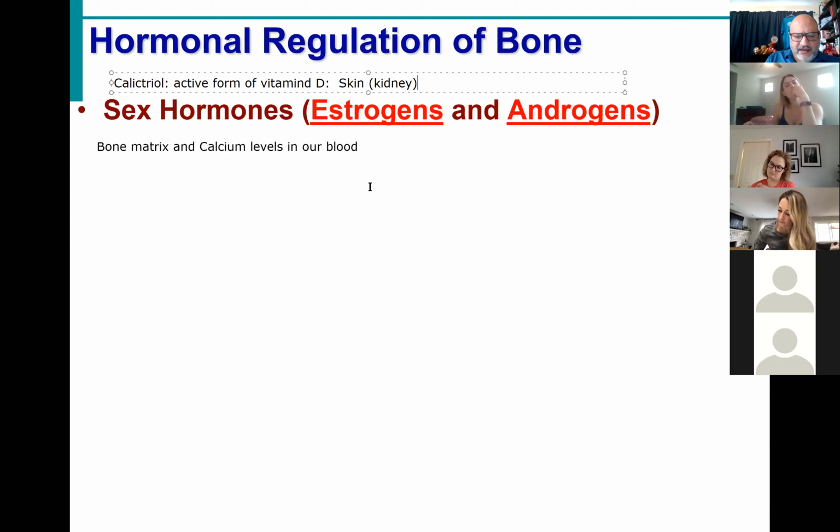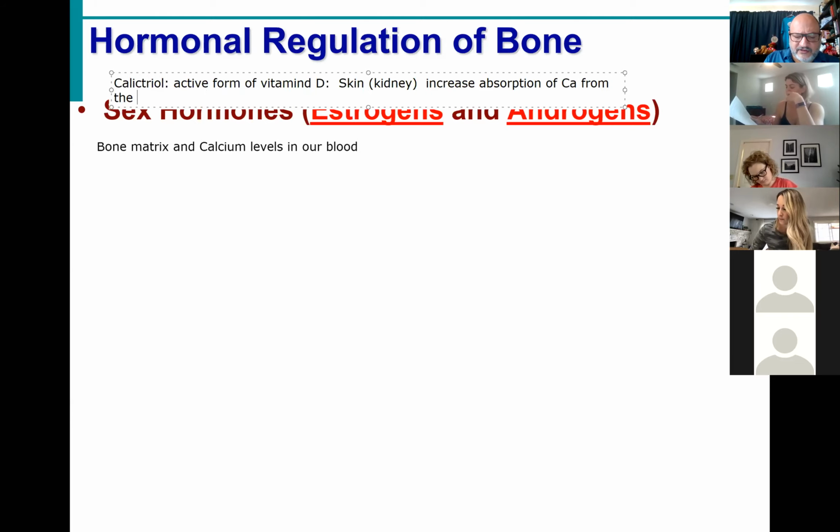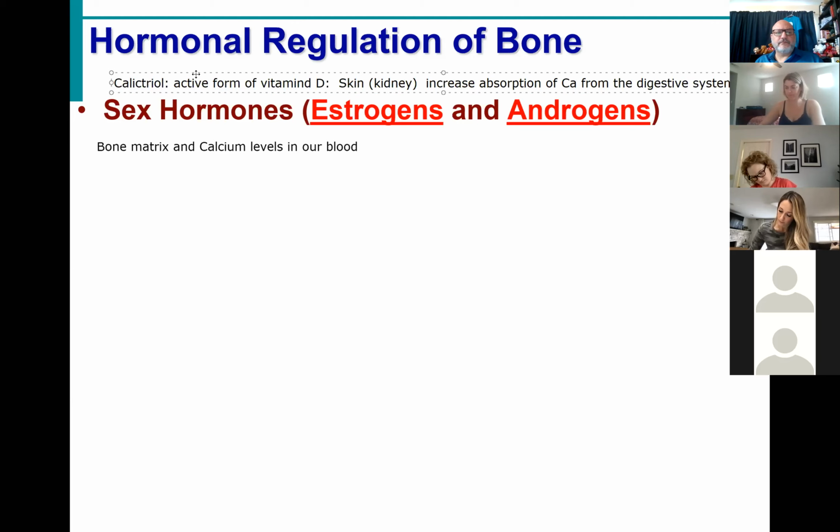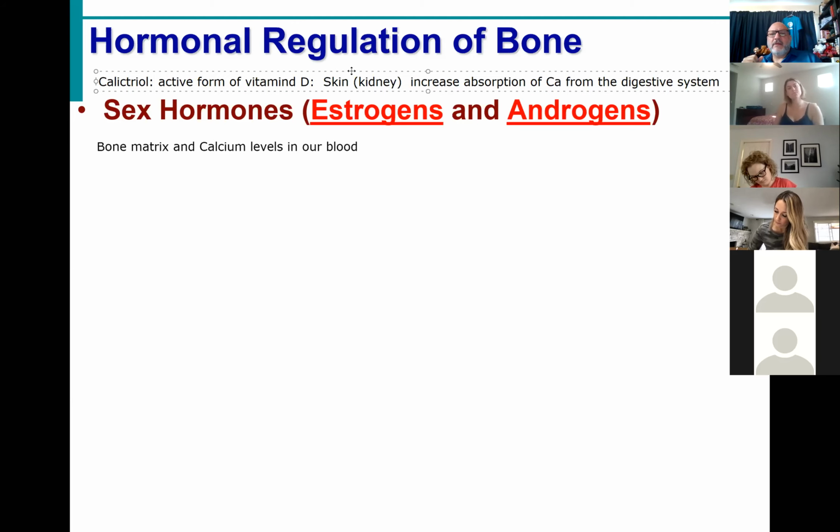So the skin for that. And as we talked about, its job is to increase absorption of calcium from the digestive system. All right, so let's throw that one on there because we don't want to forget that. And so that means I also need to erase this.